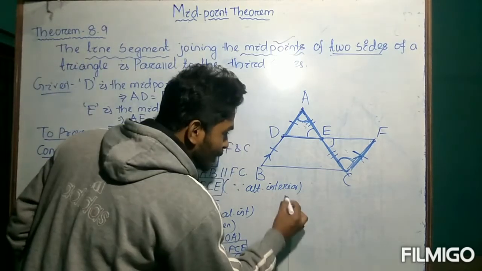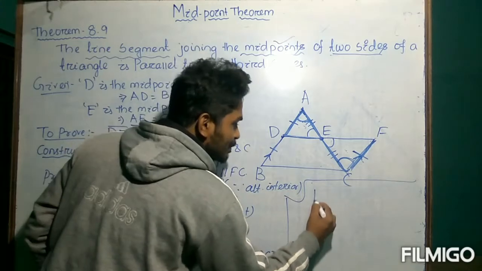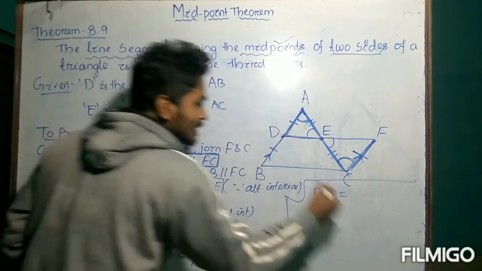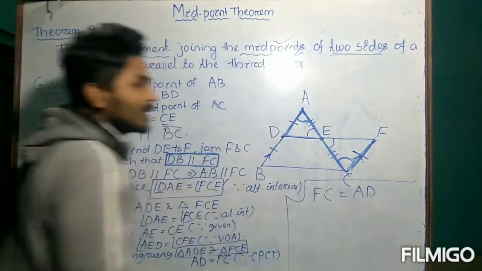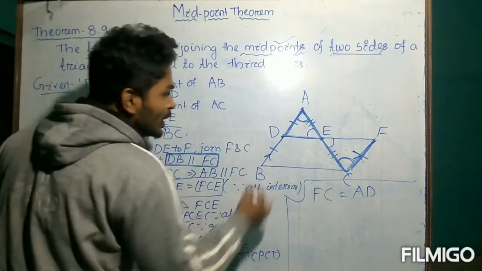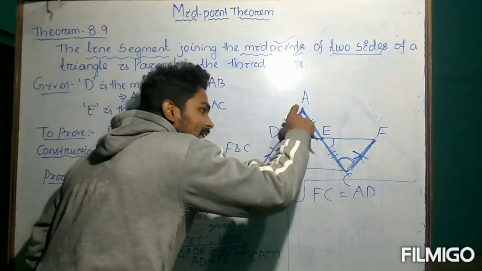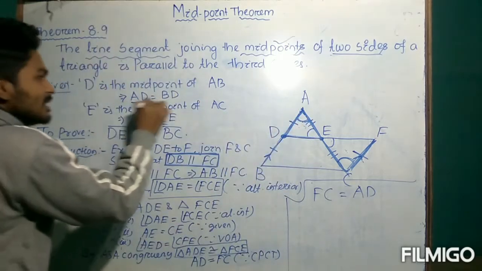Okay, so now what have we proved? We have proved that this side FC is equal to this side AD, because they are congruent triangles. But already we know D is the midpoint of AB. It means AD is equal to BD. Just see this.